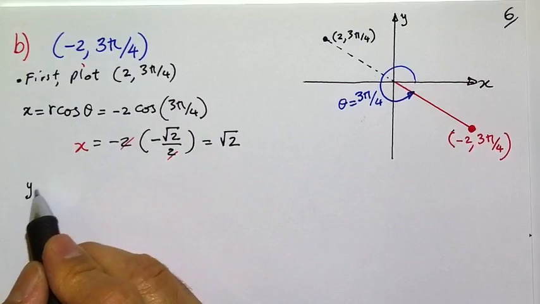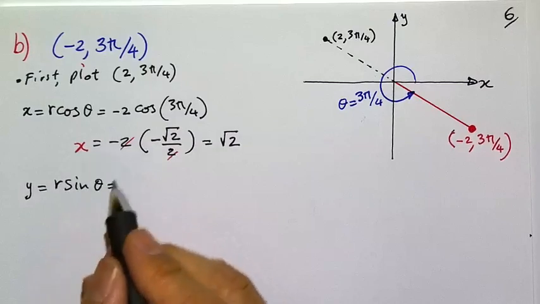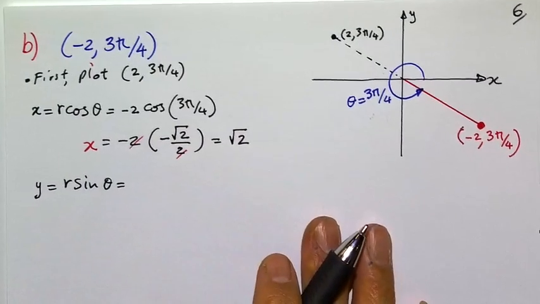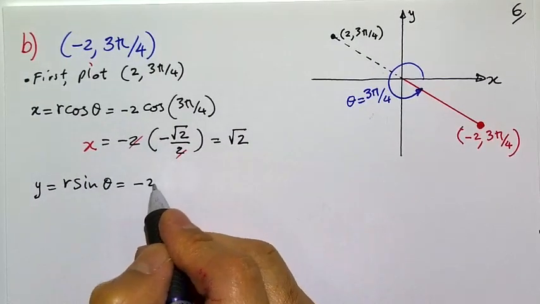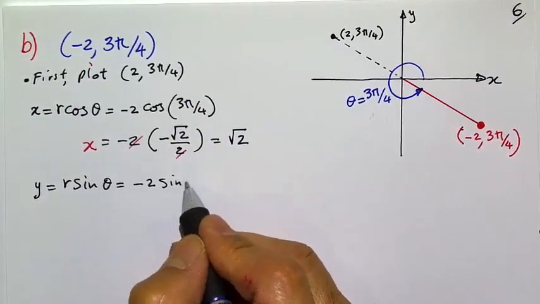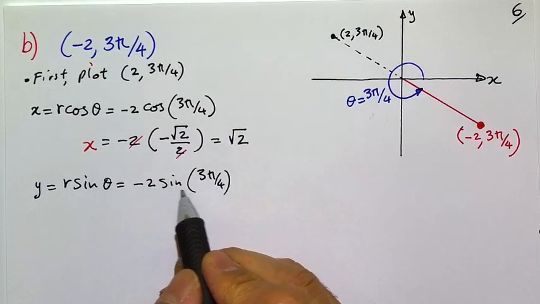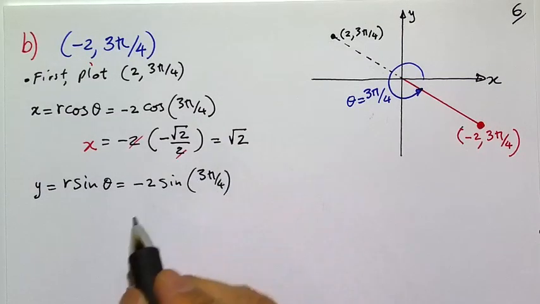For y, we have r sine of theta. R again is minus 2. And sine of 3 pi over 4, in the second quadrant, sine is positive, square root of 2 over 2.